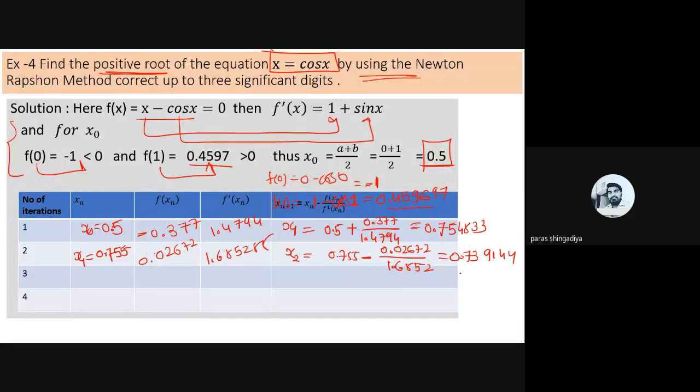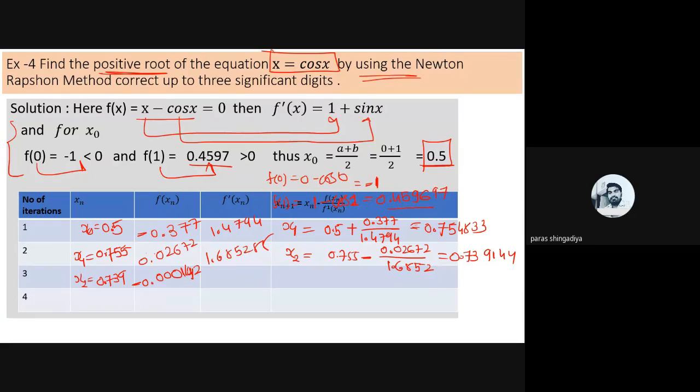Okay. The second iteration gives 0.73911. And now for the third iteration, let us consider x2 as 0.739, otherwise 0.73911 you can consider. And its function output, that is 0.739 minus cos 0.739, will be minus 0.000142. That is the function output.